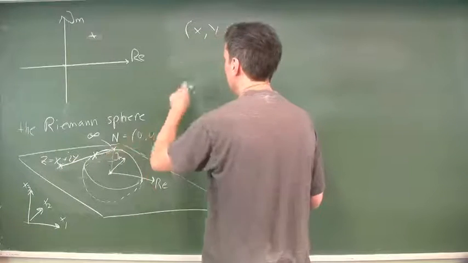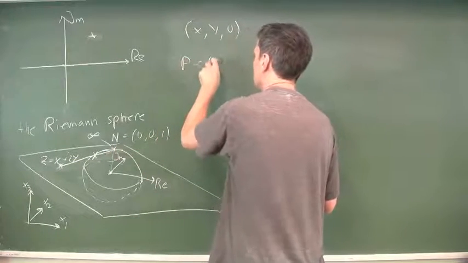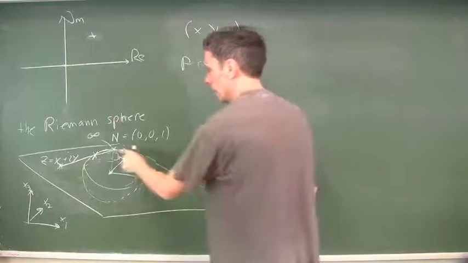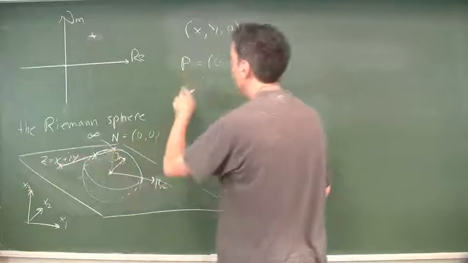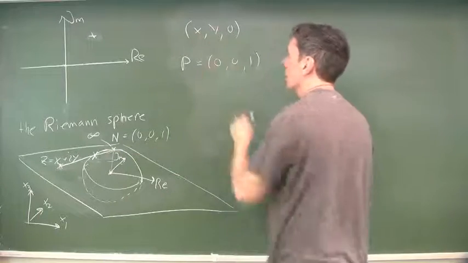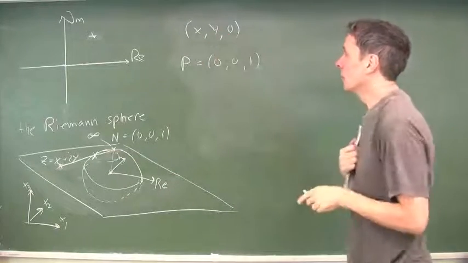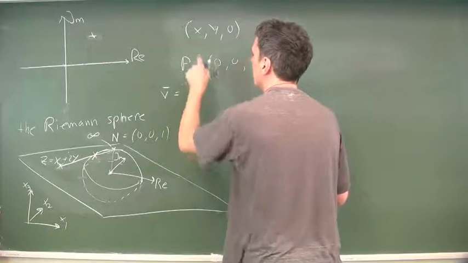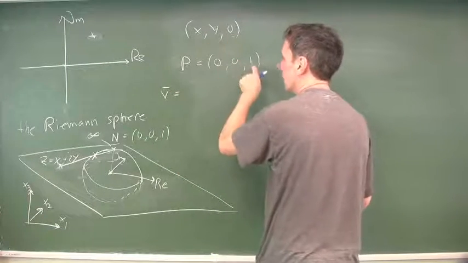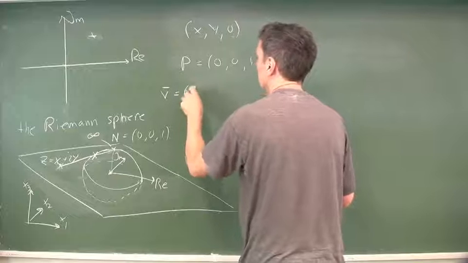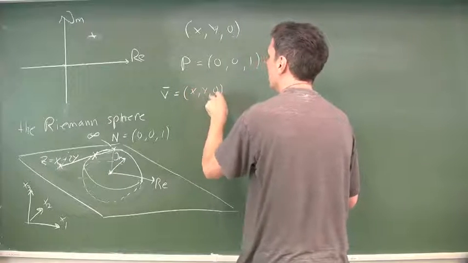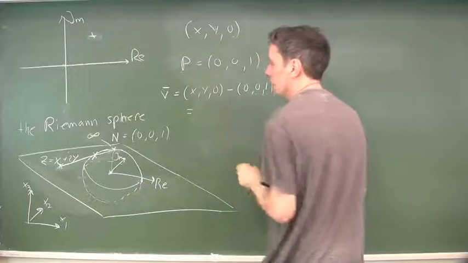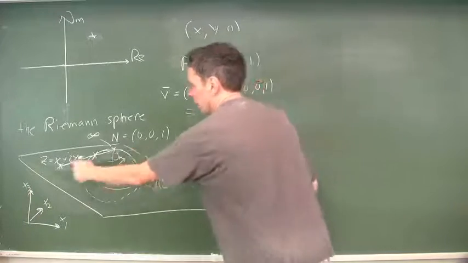Well, we have this point P, which is 0, 0, 1, the north pole, which is on this line. And we also have this point on the line. And then the vector you get by subtracting one point from the other will be parallel to the line I have drawn.